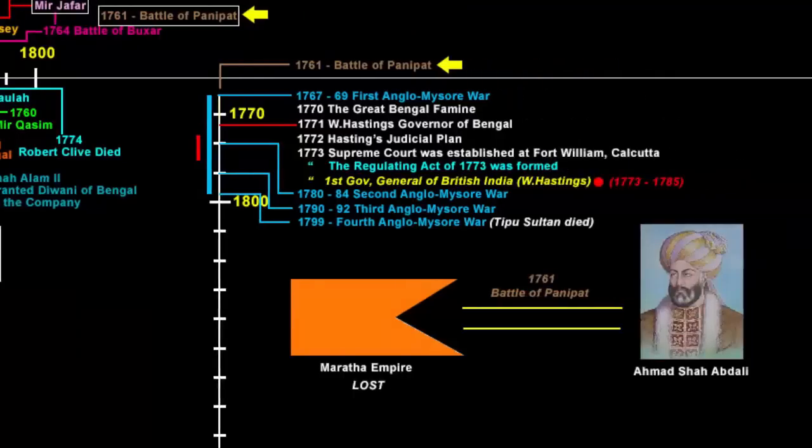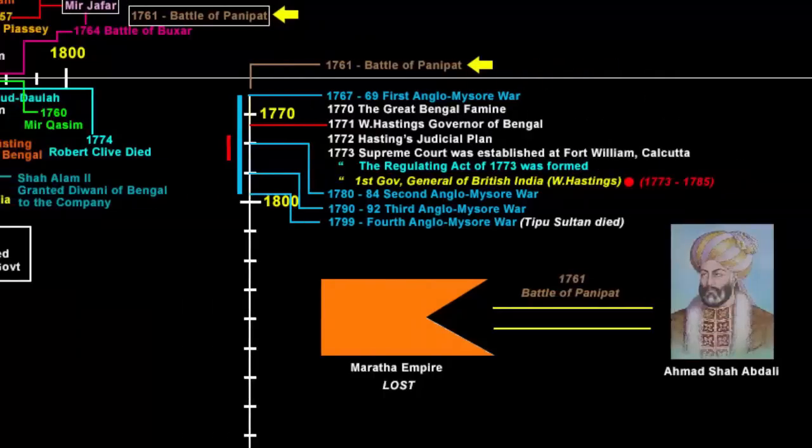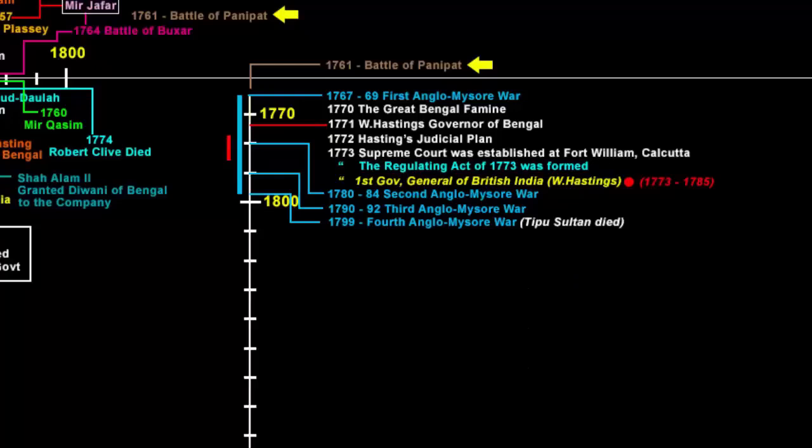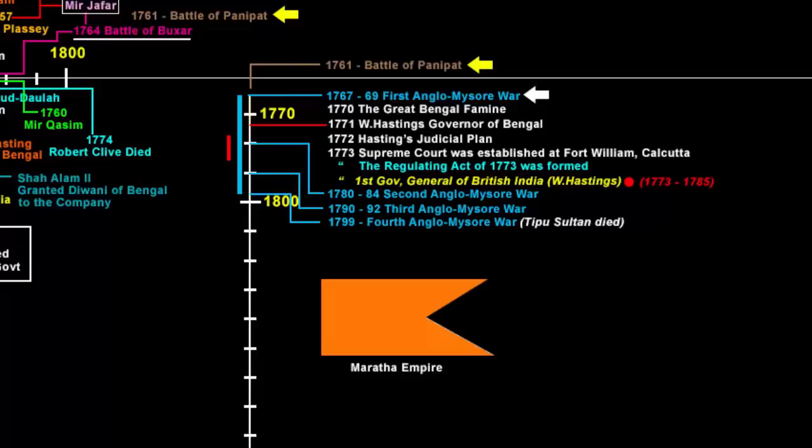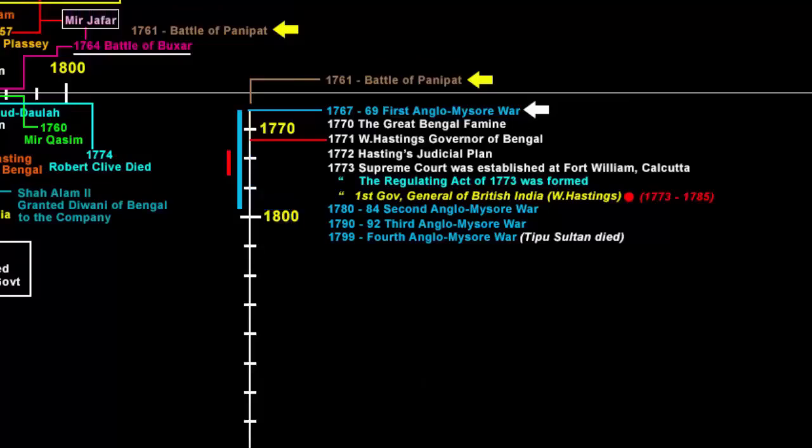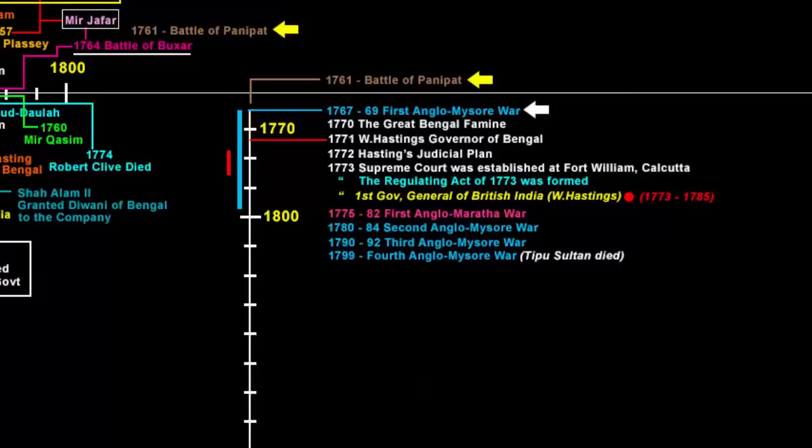So the company got so much confidence that it thereafter went on several wars with the Indian rulers, like Battle of Buxar, First Anglo-Mysore War, etc. So it is natural that they also had an eye on the Maratha Empire after their defeat in 1761 Battle of Panipat. The company fought three wars against the Maratha Empire under the name Anglo-Maratha Wars. The first one took place in between 1775 to 1782.